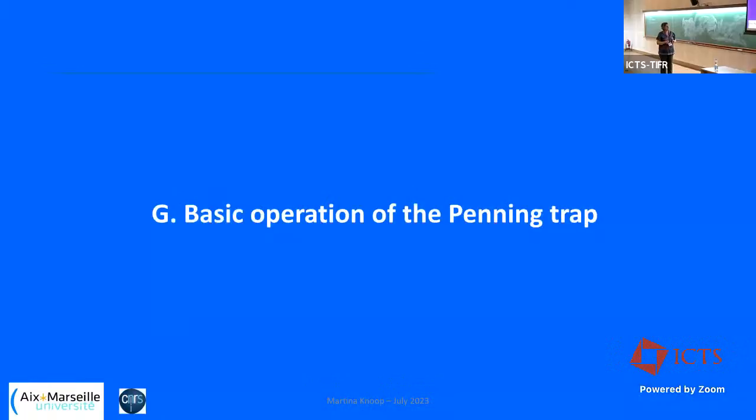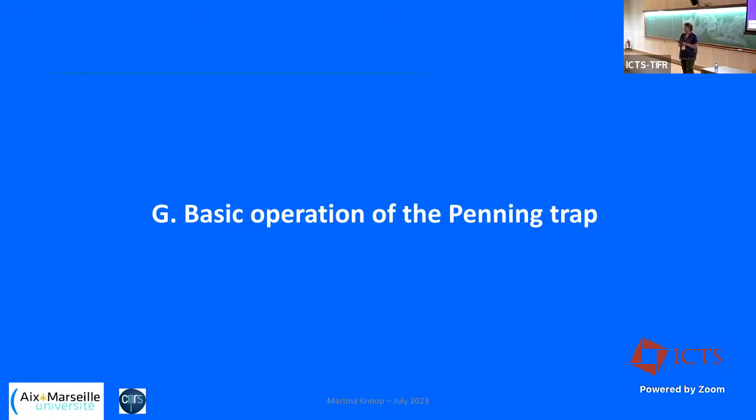Okay, but I will stop there about radio frequency traps, because this was just the final annex on that. Okay, and I will switch to a different sort of trap. What we've seen until now is how to trap ions with an oscillating electric field, different sorts of trap, which are, as I told you yesterday, used for a number of applications, be it frequency metrology, quantum information.